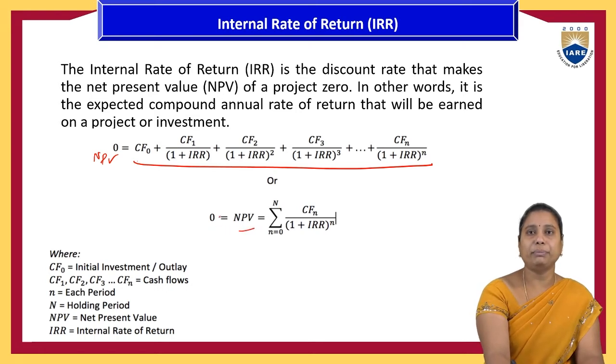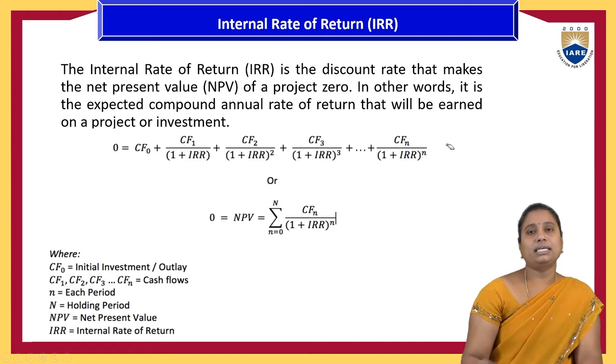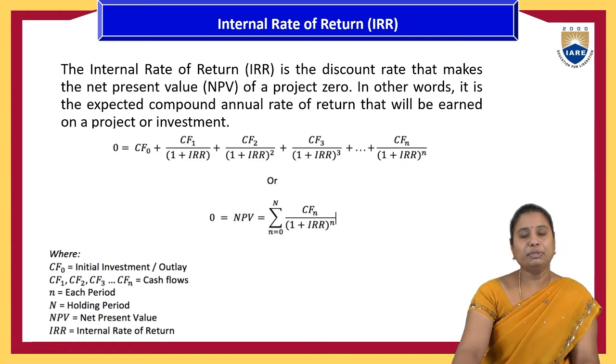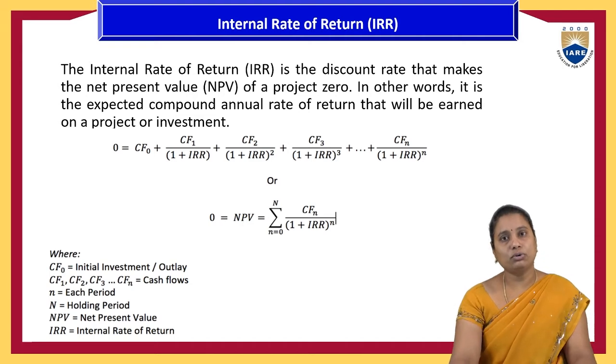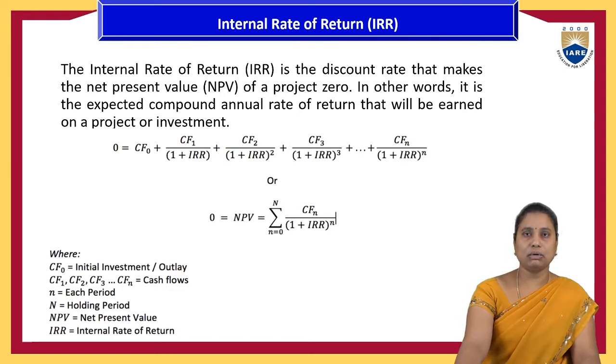Whereas that NPV value should be 0 at the best rate to get back the returns. For example, if you are investing 10 rupees now and in the future you are going to get 15 rupees, and the present value of that 15 rupees is also 10 rupees, then the rate at which you get that return might be 10%. That 10% calculation is called the IRR.